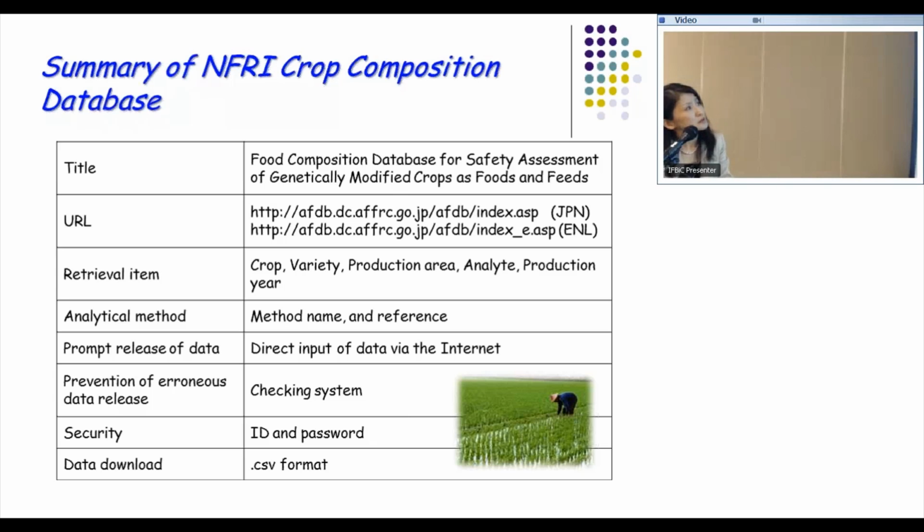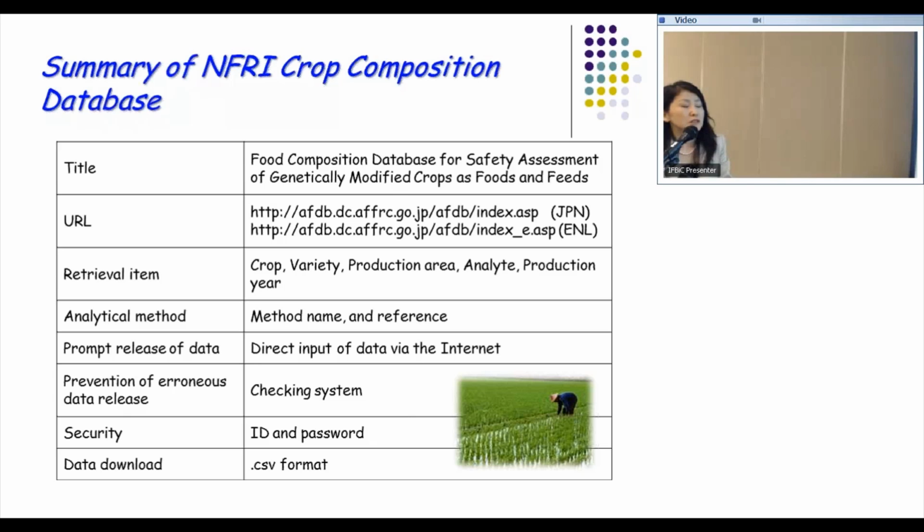The database search can be conducted by choosing crop, variety, production area, and also production years, and references are given to each method. Also the data input is conducted directly via the internet for the prompt release of data.